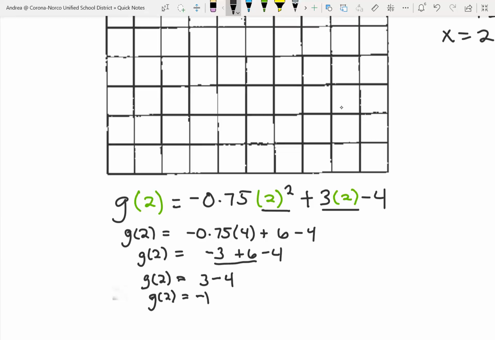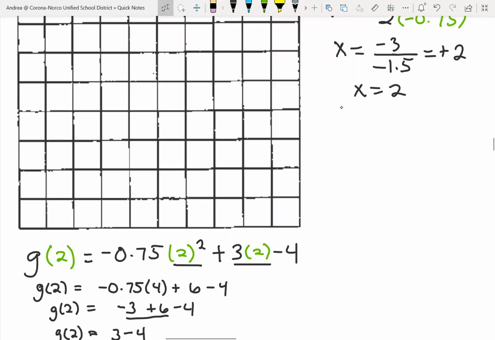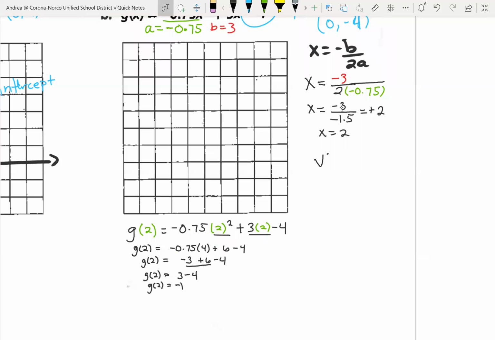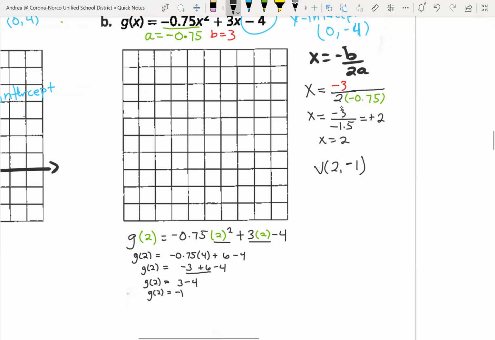Okay, so my vertex now is at 2 for x and negative 1 for y. So I'm going to draw my x and y axis.